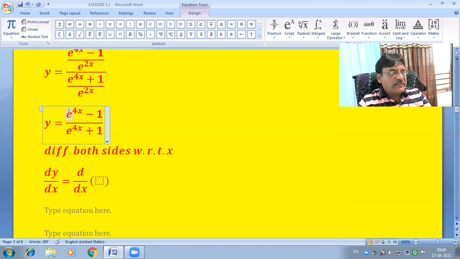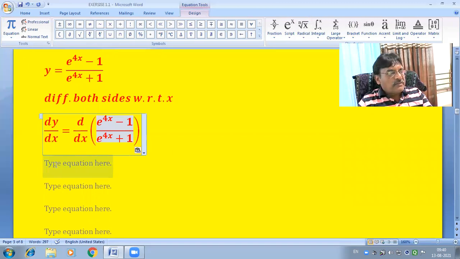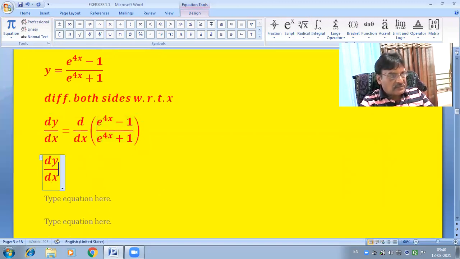And the right hand side function is e to the power 4x minus 1 upon e to the power 4x plus 1. Therefore dy by dx is equal to d/dx of (e to the power 4x minus 1) upon (e to the power 4x plus 1). Use here the division rule.